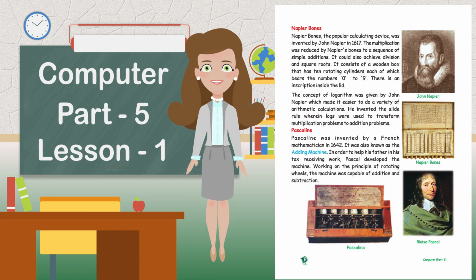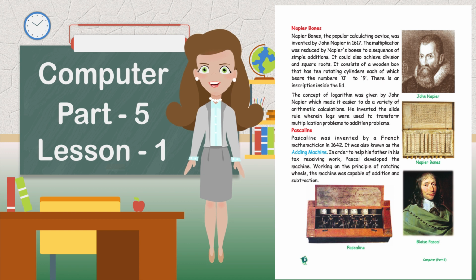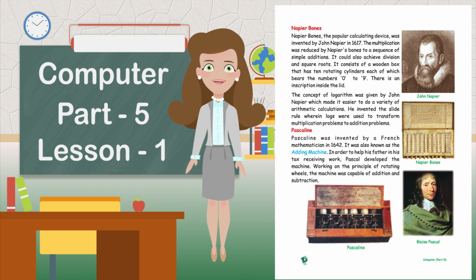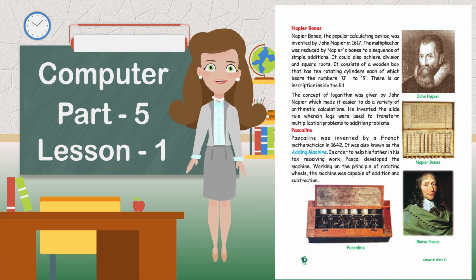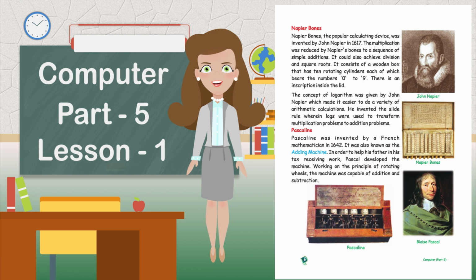Napier bones. Napier bones, the popular calculating device, was invented by John Napier in 1617. The multiplication was reduced by Napier's bones to a sequence of simple additions.